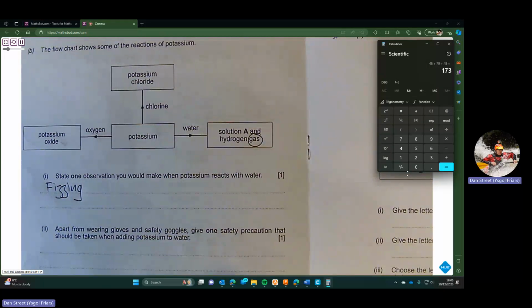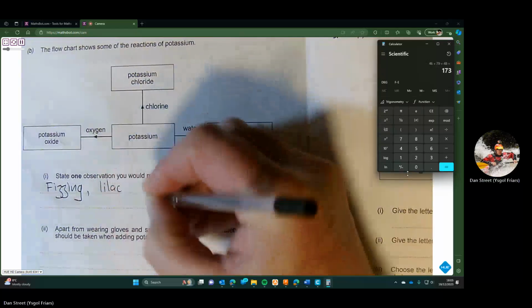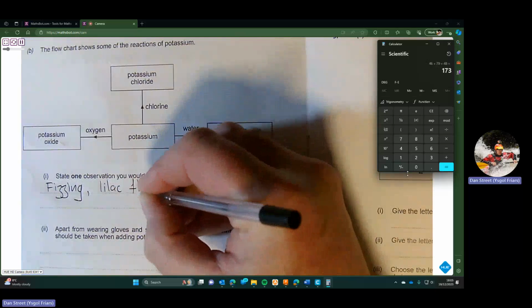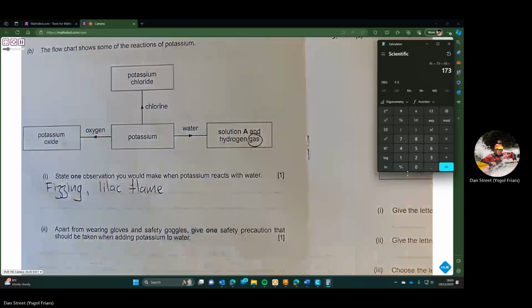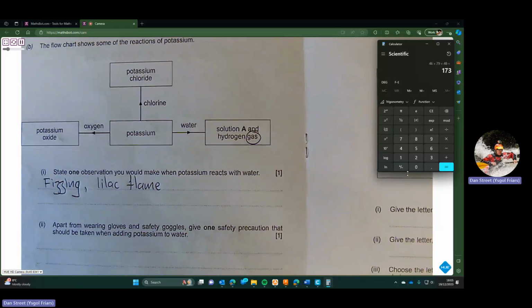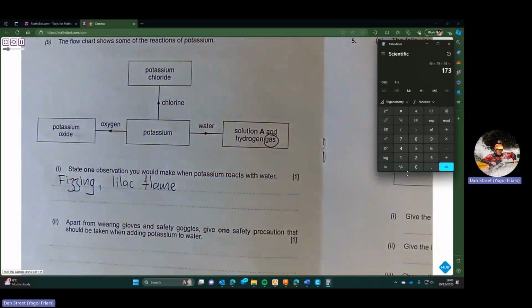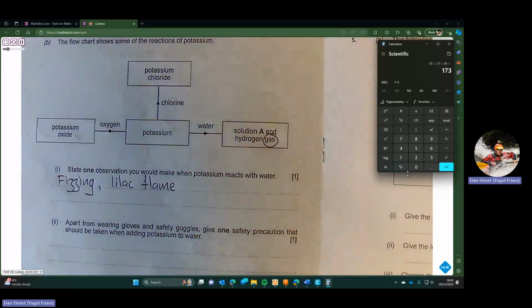If you remember the reaction, you might also remember that you get a lilac flame because it gets so hot that it self-ignites. Those 2 are the main observations that you can make without the use of any other chemical, such as an indicator.